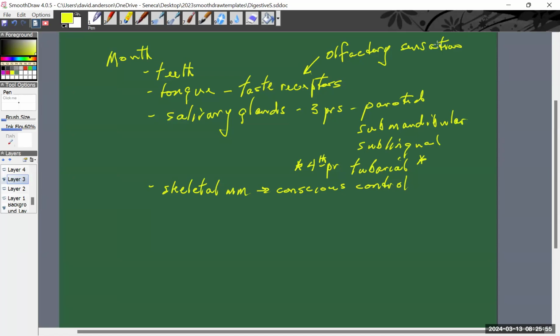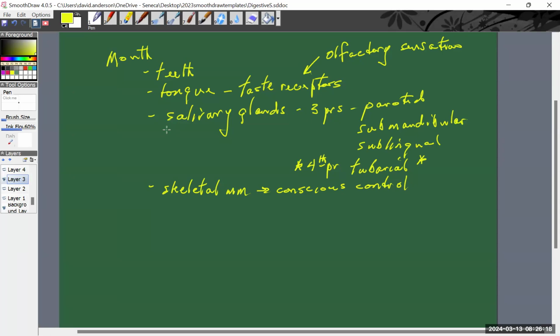In other words, if the olfactory sensors are not working effectively, your taste receptors are not quite as sensitive. Most of you know that if you've got sinuses that are blocked up and you're not smelling well during a cold, for example, your food tastes all kind of the same or bland. And that's because we've lost that contribution of the sense of smell that contributes to the sense of taste.